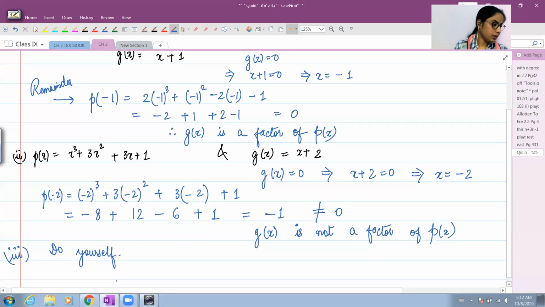And after this, we are going to take a look at what the factor theorem is.